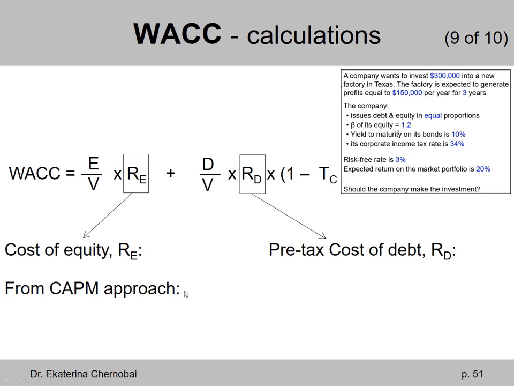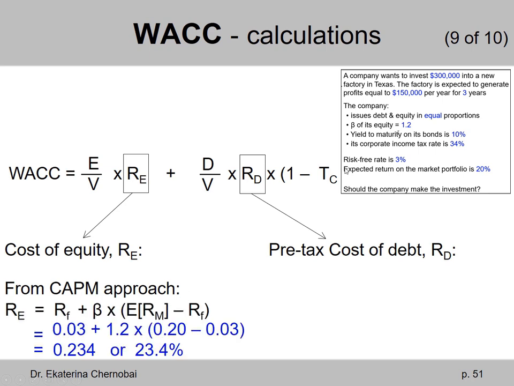So from the CAPM approach, we have the risk-free rate, 3% or 0.03 in decimals, plus the beta of the stock, 1.2, multiplied by the expected return on the market, which is 20% or 0.2 minus the risk-free rate, 0.03. This gives us 0.234 or 23.4%.